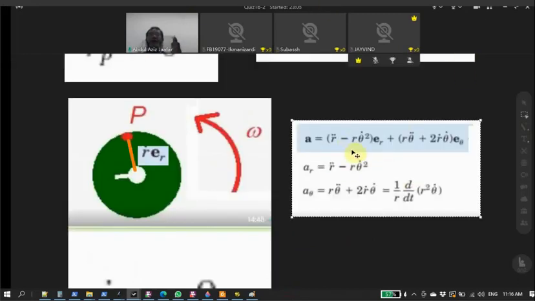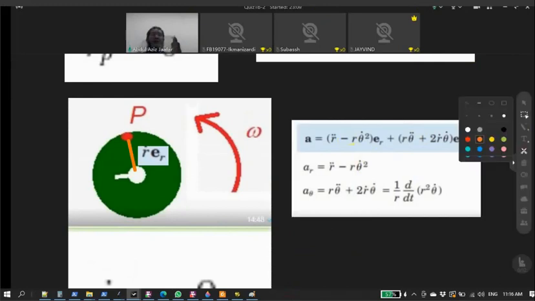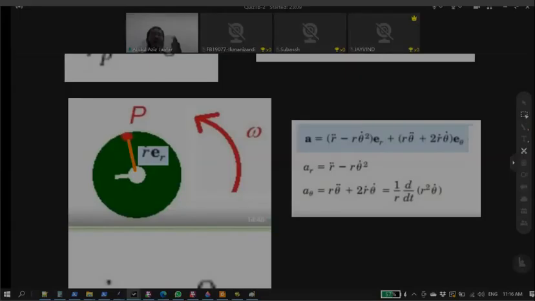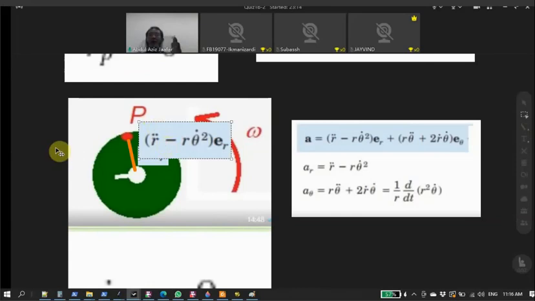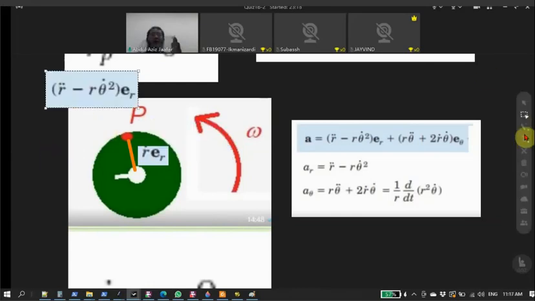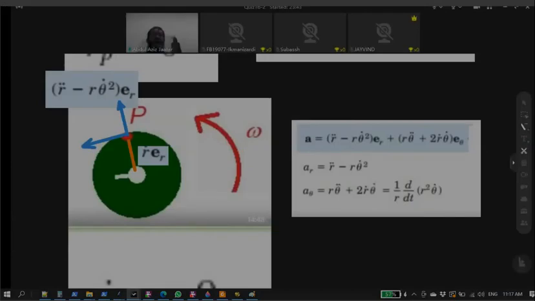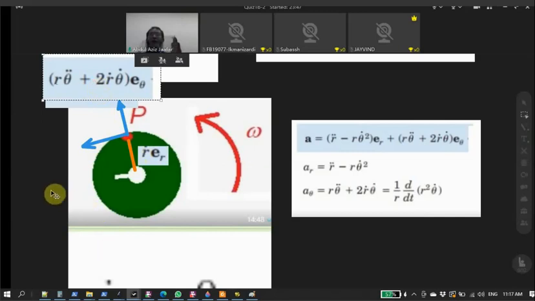And then we have this component in the r direction, which is along the r direction, right? And then we have the tangential direction, something like that.